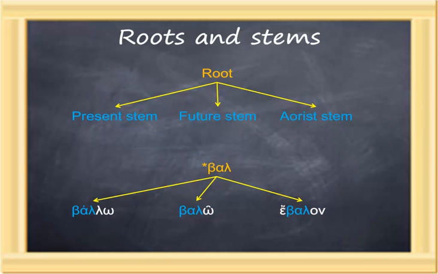So, for example, with the root bal, which means to throw, one can easily see the presence of bal in the present stem, ballo, the future stem, balo, and the aorist stem, ebalon. The root is the most basic form from which each of the individual stems come.